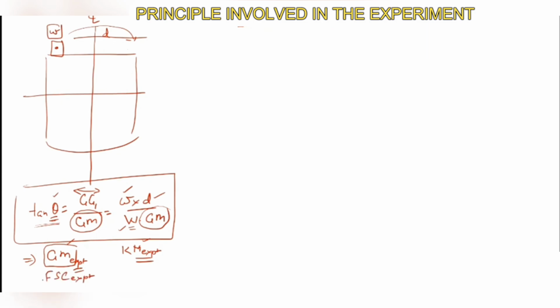Now, when I add this FSC to the GM obtained through experiment, which is GM fluid, this gives us GM solid. And if I subtract this GM solid from KM in the experiment condition, this will give me the KG of the vessel, in the condition in which the experiment was performed. So I can get the KG of the ship in the experiment condition.